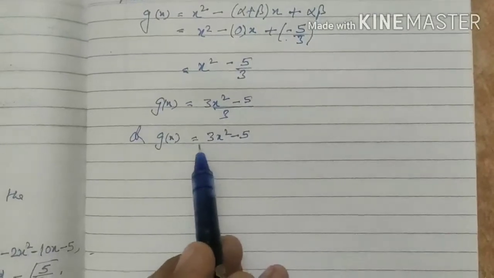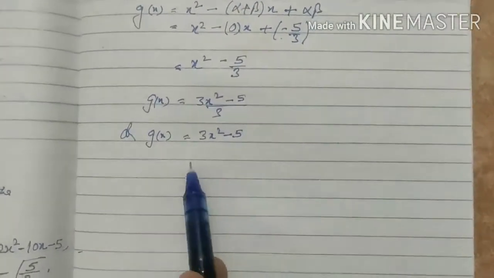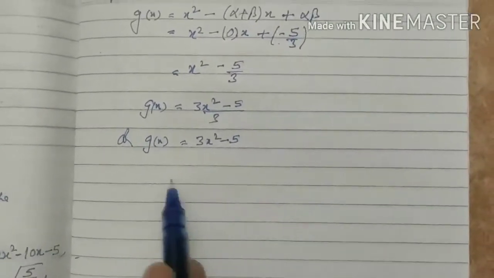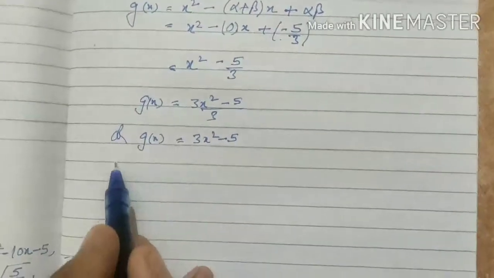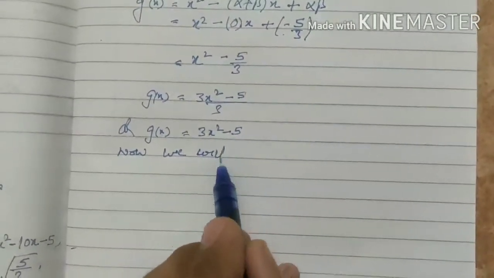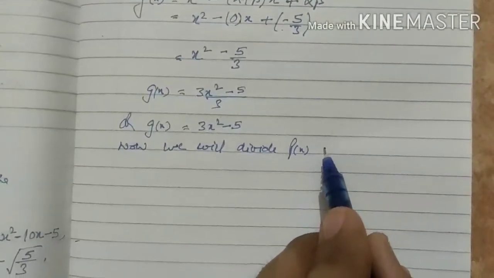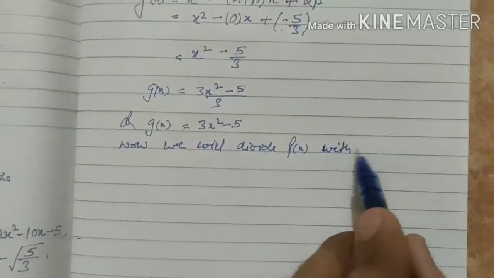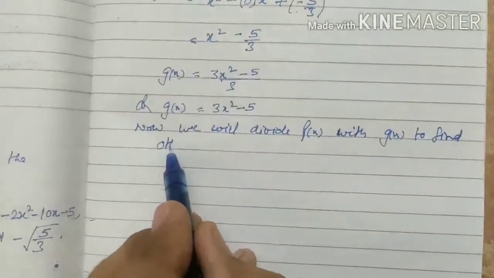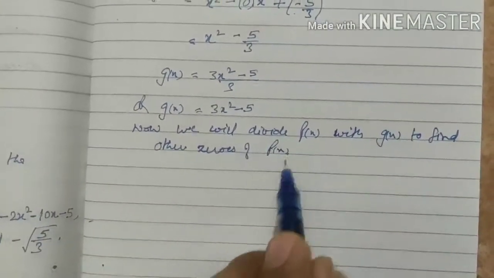So this is our divisor to find the other zeros of the given polynomial. Now divide p(x) by g(x) to find the other zeros of p(x).